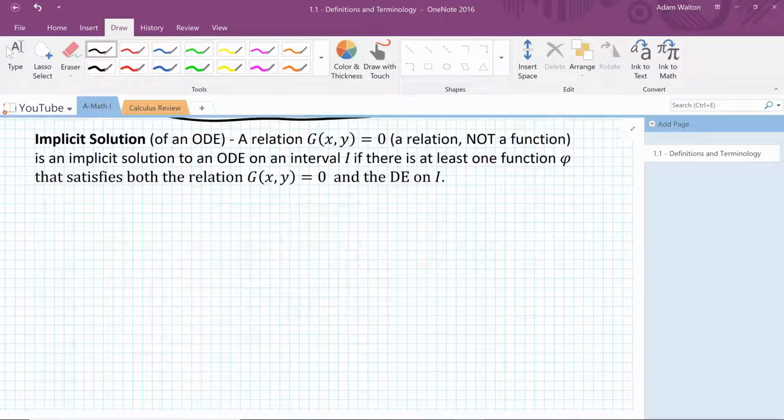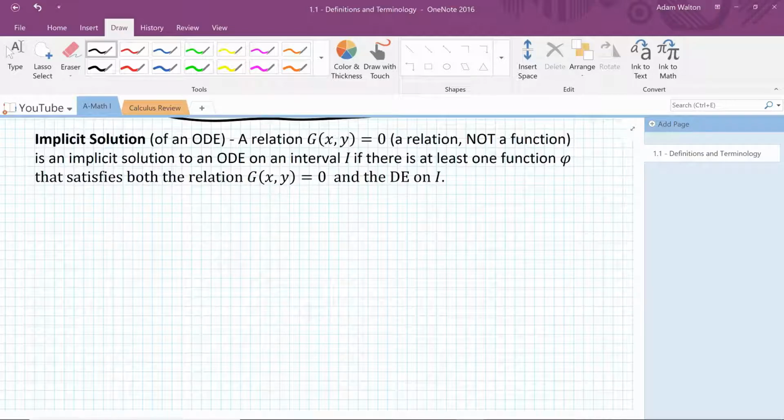So up until now we've been considering explicit solutions to our differential equations, but let's also consider what an implicit solution of an ordinary differential equation is. The formal definition: a relation g of x and y equal to 0, and mind you that's a relation, so not a function, is an implicit solution to an ordinary differential equation on an interval I if there's at least one function phi that satisfies both the relation g of x, y equals 0 and the differential equation on I. So let's unpack this a little bit.